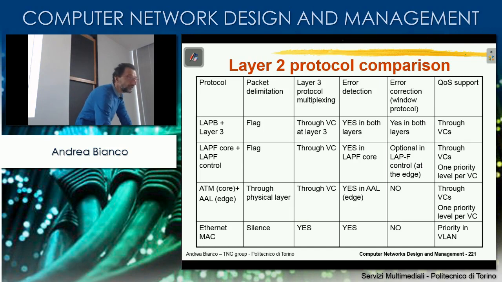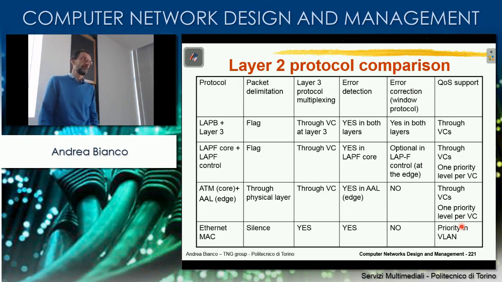Whether you have error detection or not, whether you have error correction or not, you see yes in LAPB, optional in LAPF, no error control in ATM plus AAL, no error control in Ethernet, and which type of QoS support, that we will discuss a little bit later. So QoS support means, first of all, being able to distinguish what a user flow is.